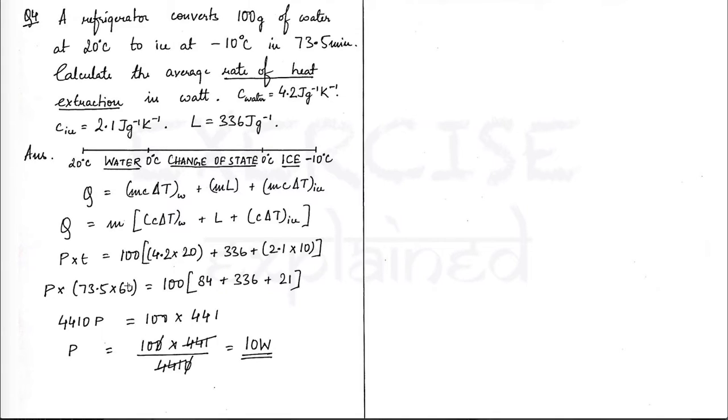So 73.5 into 60 gives us 4410 into P, written as P only, is equal to 100 into 441. So P is equal to 100 into 441 divided by 4410. 0 cancels here, and 441 and 441 cancel. So what we get is 10 watts. So the power, or you can call it the rate of heat extraction, as I have underlined here, is 10 watt.